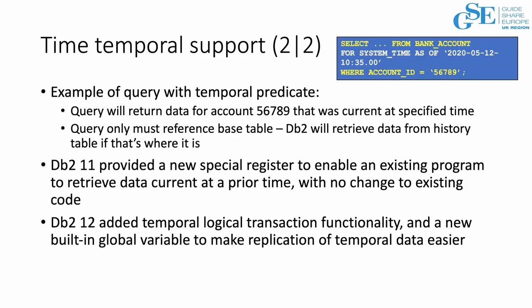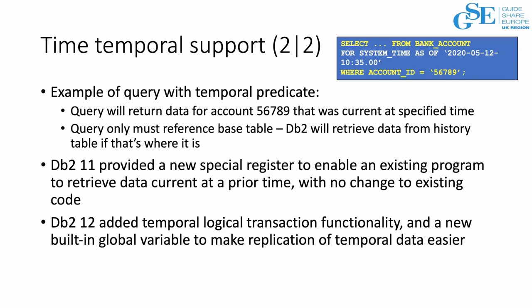And you can see here an example of a query with a temporal predicate. What's in white here is the predicate. As you see, you're selecting info from bank account where account ID equals 56789. But we also have the temporal predicate, which states FOR SYSTEM_TIME AS OF May 12th with the indicated timestamp.